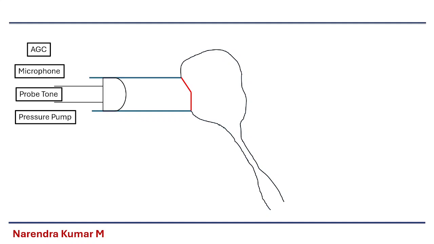The pressure pump is used to deliver an amount of pressure in the ear canal, thereby manipulating the position of the tympanic membrane. For example, when a positive pressure of 200 decapascal is delivered in the ear canal, this positive pressure will push the tympanic membrane towards the middle ear space.